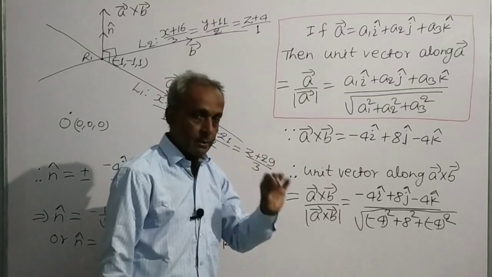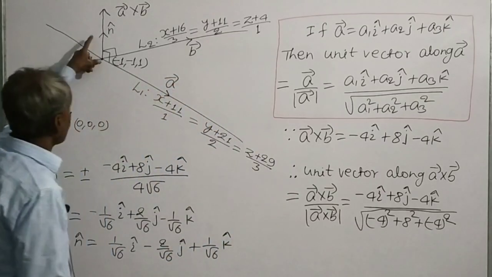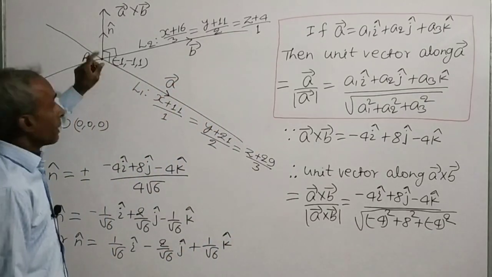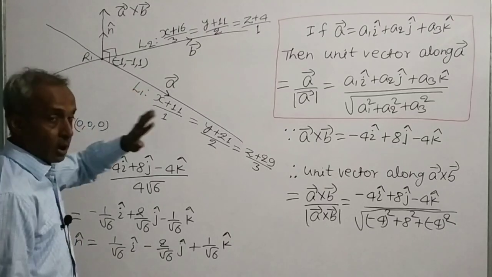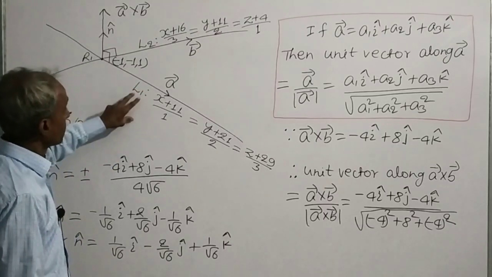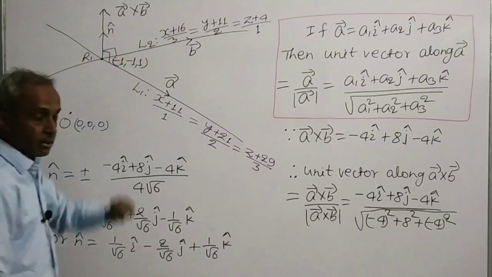But it was given in the question that n cap is a unit vector perpendicular to the plane containing the lines L1 and L2.